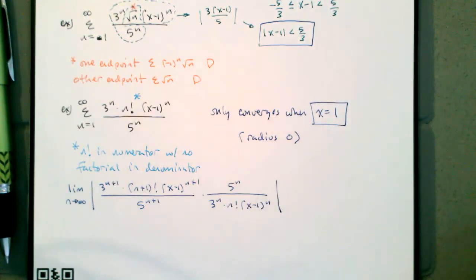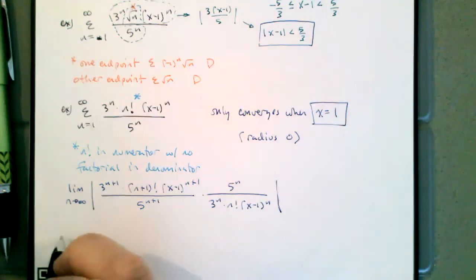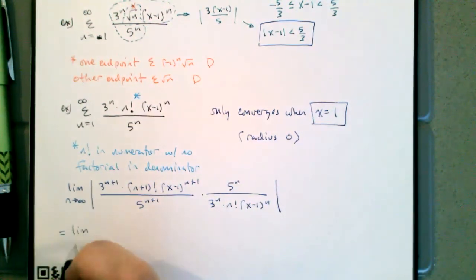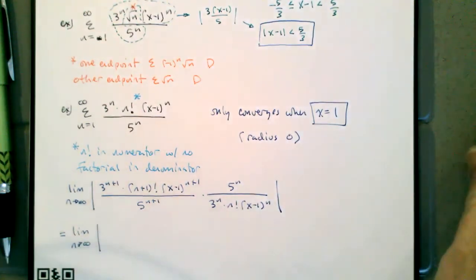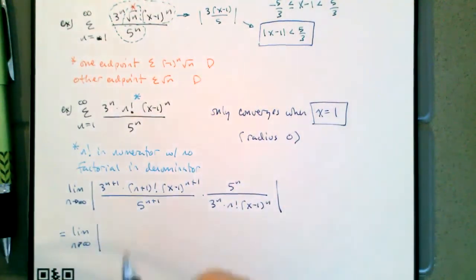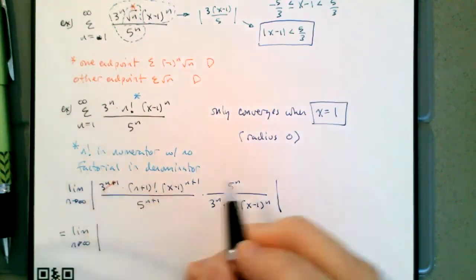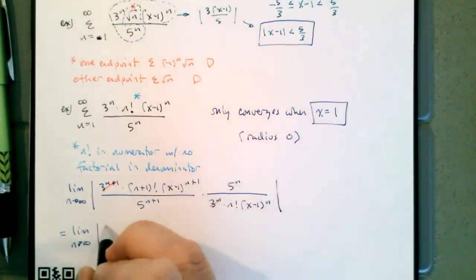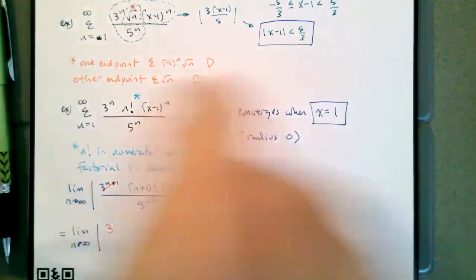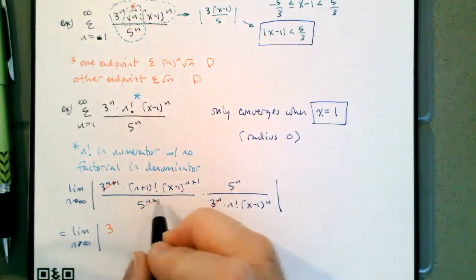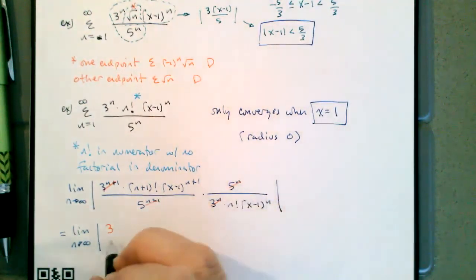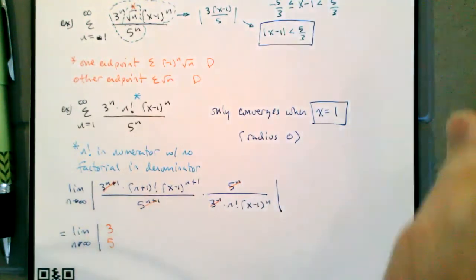Let's cancel out all the corresponding parts. So 3 to the n plus 1 divided by 3 to the n is going to leave a 3 to the 1 behind. 5 to the n plus 1 will cancel out a 5 to the n, which will leave a 5 behind in the denominator.